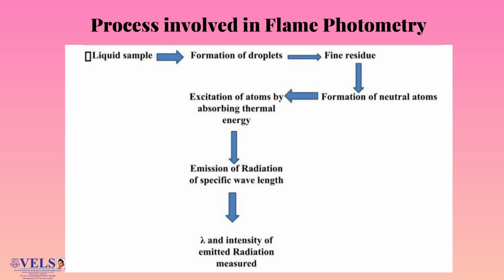The emitted radiation is collected by the detector, which shows the wavelength of the radiation emitted and its intensity. From that value you can determine the quantity of the unknown substance.